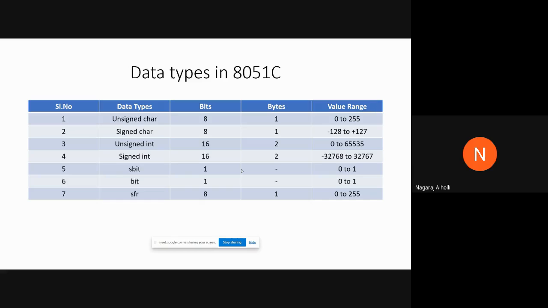The next data type is bit. It stores 1 bit, either 0 or 1. Last one is SFR. SFR full form, which you are aware of, is special function register. It stores 8 bits.